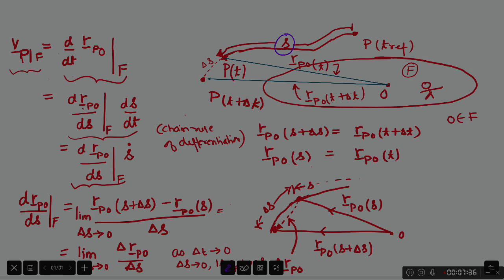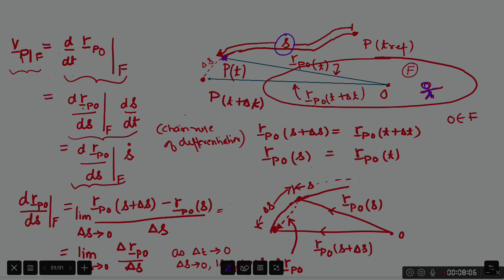The second question is, what is the expression for VPF in the path coordinate system? VPF is the velocity of the particle P with respect to the frame in context. Let's derive this expression.